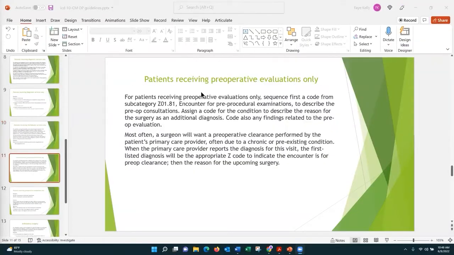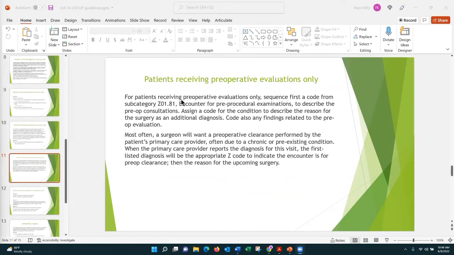Okay, this is for pre-op evaluations. A lot of times a patient comes in, they're having a surgery by one physician, but their primary physician needs to do a pre-op evaluation to approve their surgery.